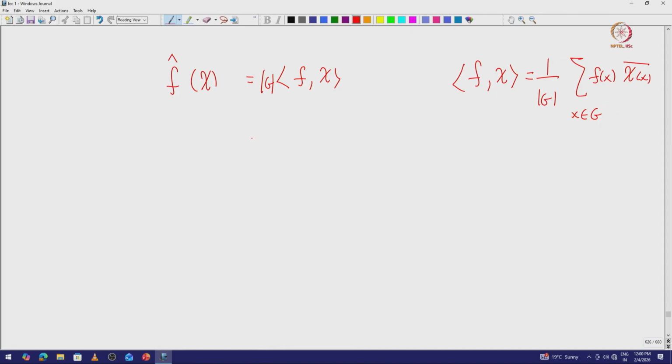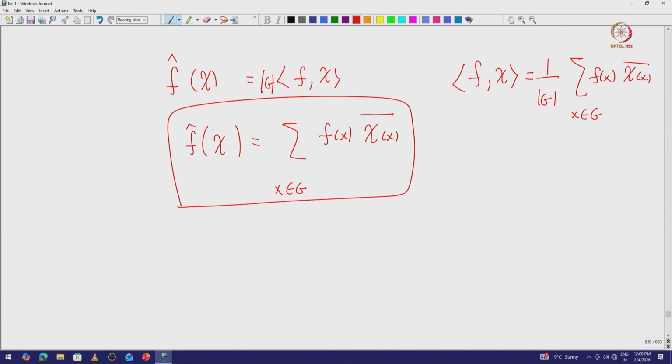So, if we rewrite this here, we can also record f hat as follows. So, f hat of chi star is indeed equal to, okay, maybe let me keep it as chi only. f hat of chi is indeed equal to summation f of x chi of x bar, x in G. So, basically what we got here, we are keep tracking the values of f along with the values of the representation.